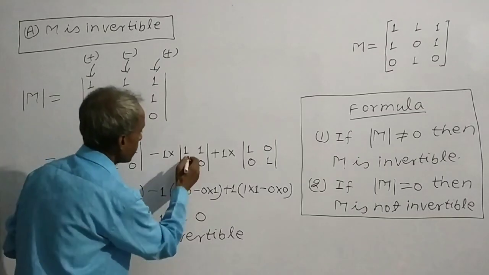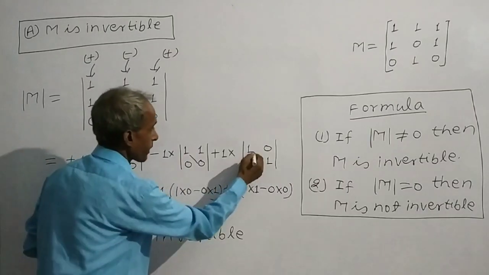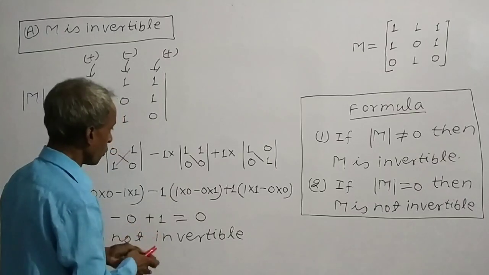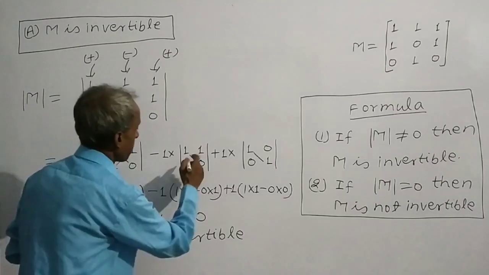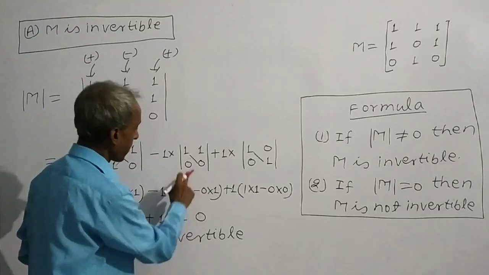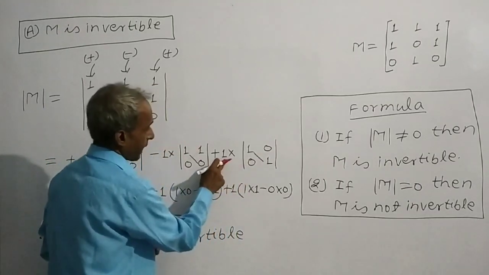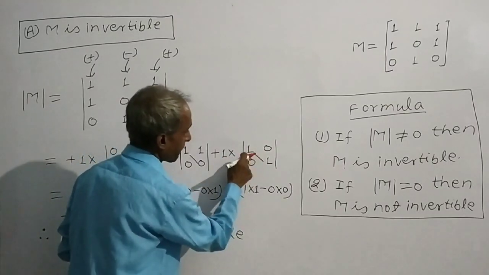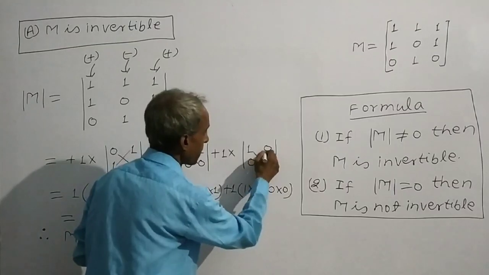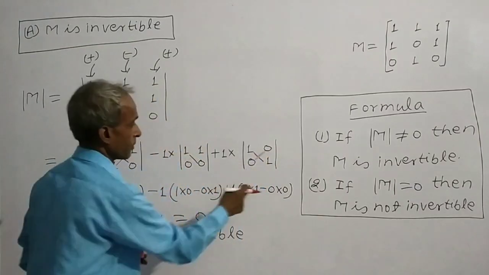Similarly, each determinant will be expanded by using this rule. First multiply this 1 with 0, write a minus sign, then multiply 0 with 1, plus 1 times: multiply this one with this one, write a minus sign, then multiply this 0 with this 0.